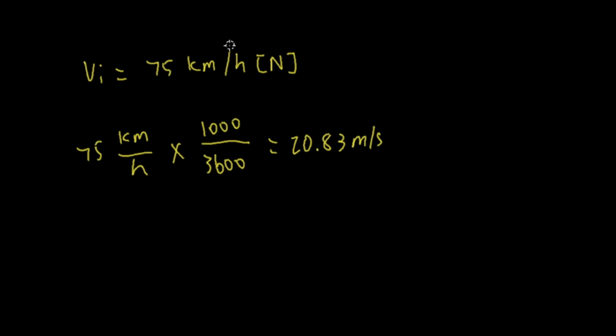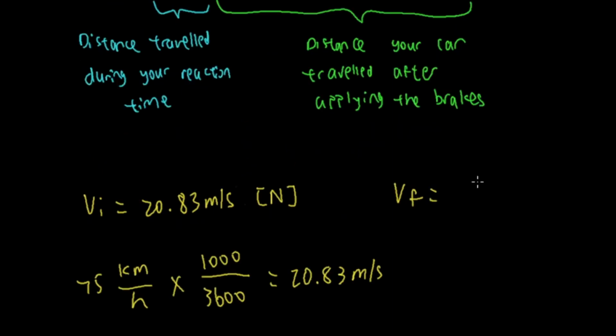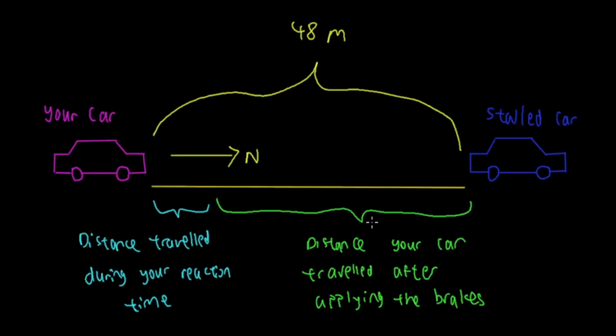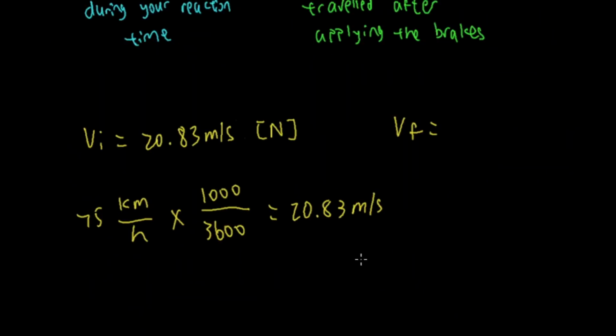So I will rewrite this: 20.83 meters per second. Do we know the final velocity of your car? Yes, we do. Because it needs to come to a complete stop to avoid a car accident. So the final velocity of the car is 0 meters per second.